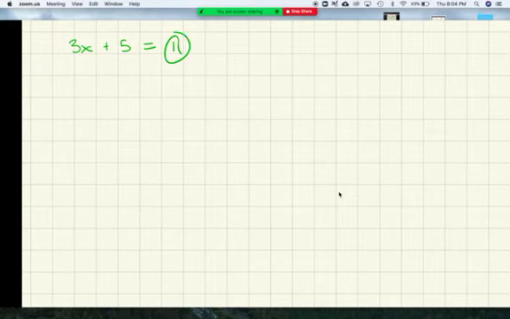That's a term. And this is a term, the 11. Like terms would be, in this case, the 5 and the 11, or the plus 5 and the plus 11. Same idea. They're like terms because they don't have the x with it? They don't have the x with it. That's it.